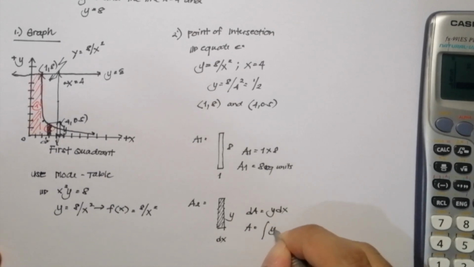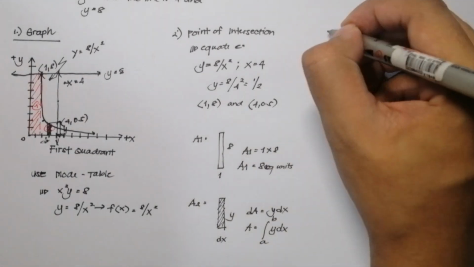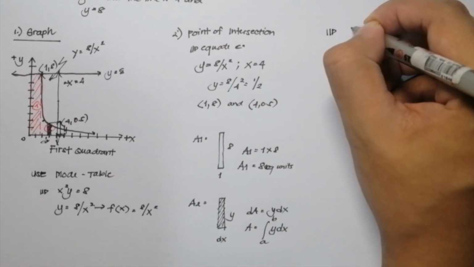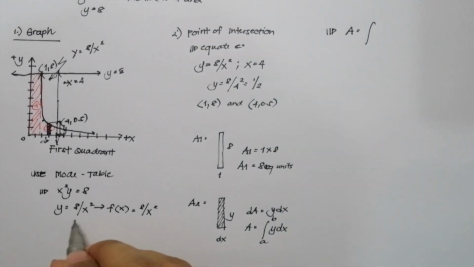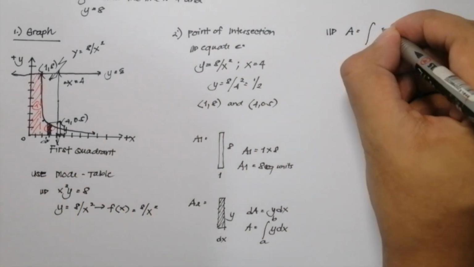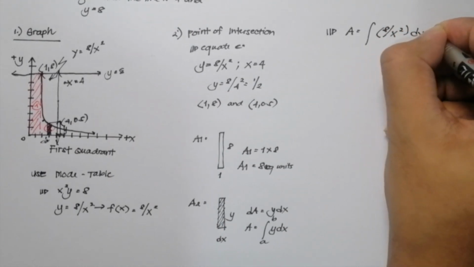We don't have any other values of y like our y outer, y inner, since we only measured one curve from the positive x-axis. Now, inputting our values, A is equal to the integral of the y that we are going to use, which is the value of y of the curve. So it is equal to the integral of 8 over x squared dx.